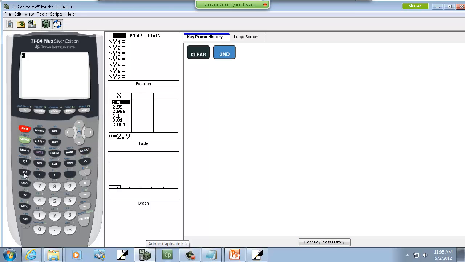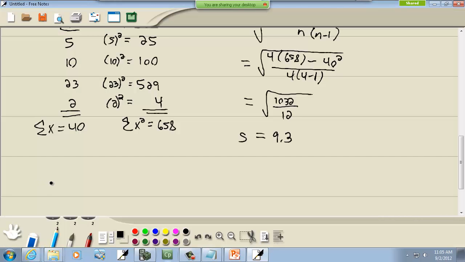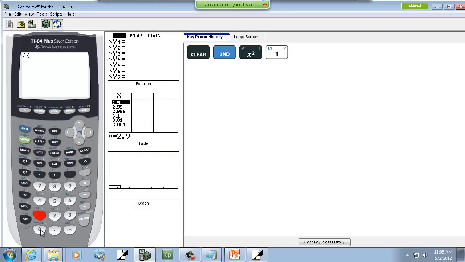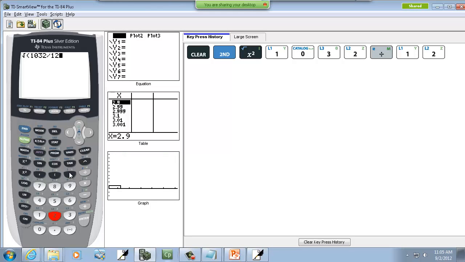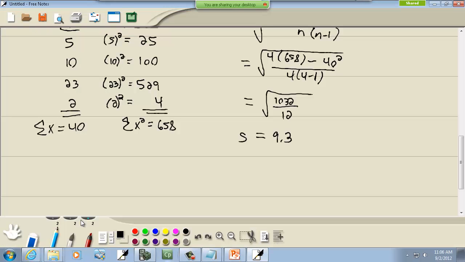Okay, so I've just done the square root of 1032 divided by 12. You can put a closing parentheses at the very end if you want. Don't have to have it. And we get this. We immediately press the x squared and press enter, and that would tell us our variance is 86.